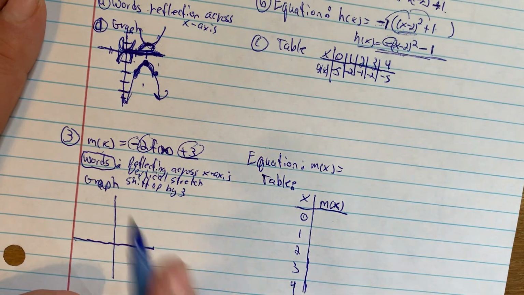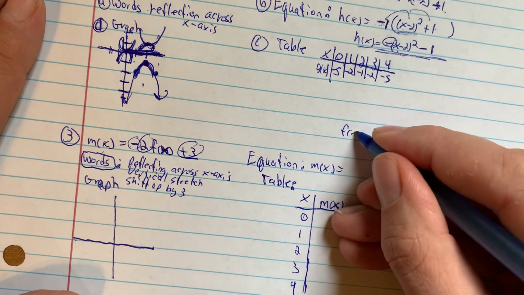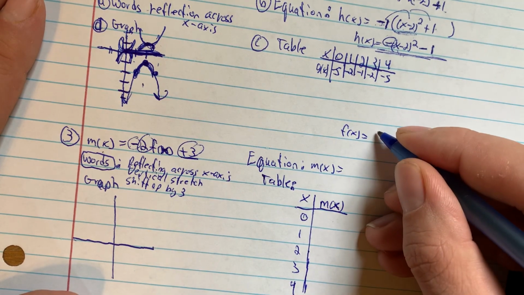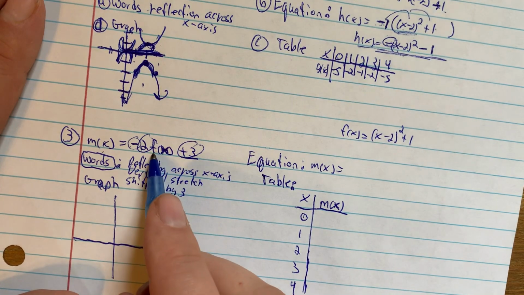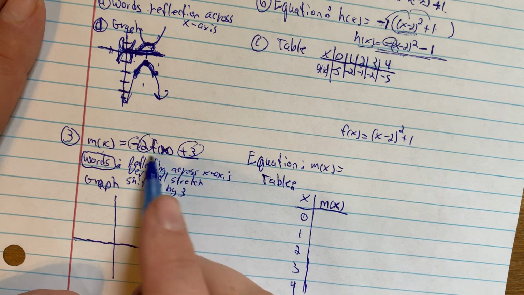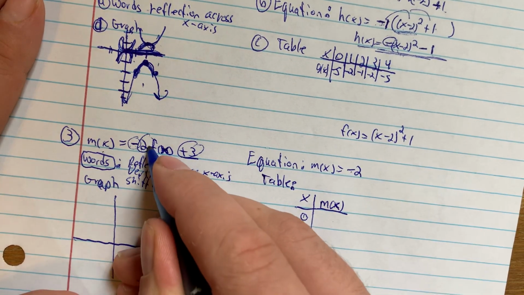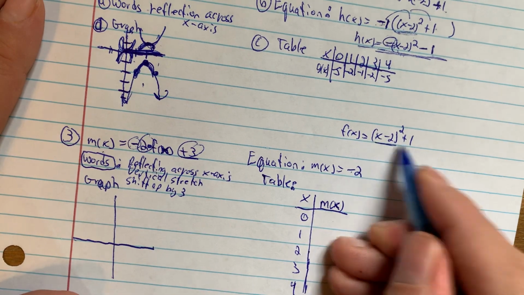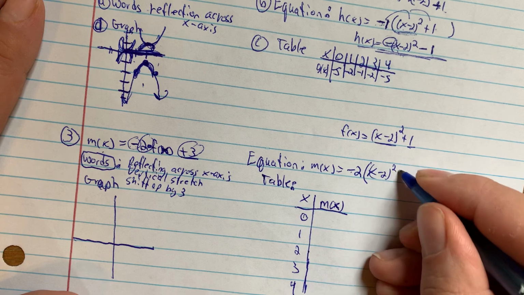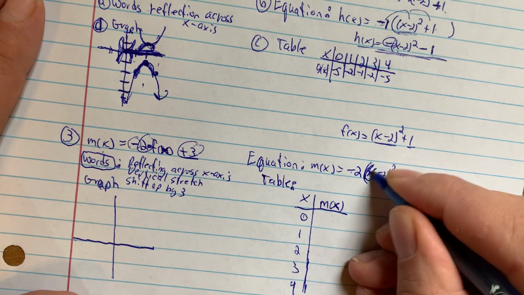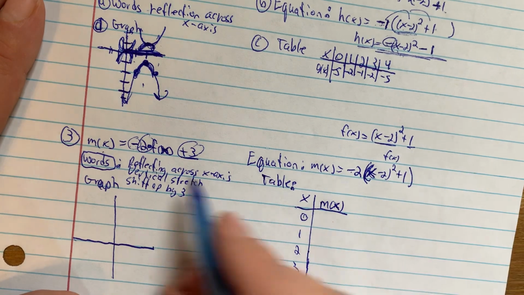How about the equation? Well, this says we do -2 times f of x. And again, f of x was, what was the original one? X minus 2 squared plus 1. If we do -2 times it plus 3, let's just do what the equation says. It says do -2 times f of x. F of x is a binomial, so I need to put it in parentheses. So -2 times f of x, and then it said plus 3.